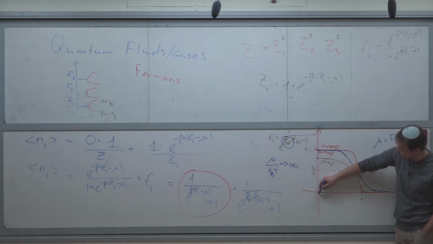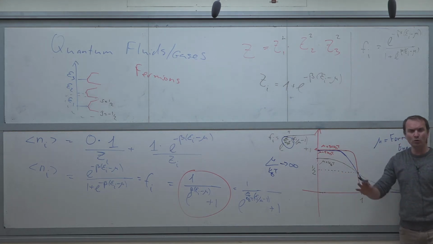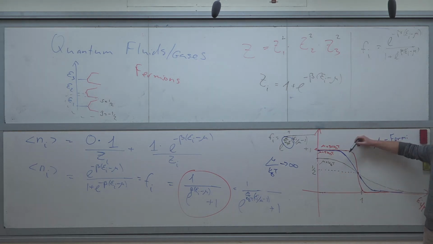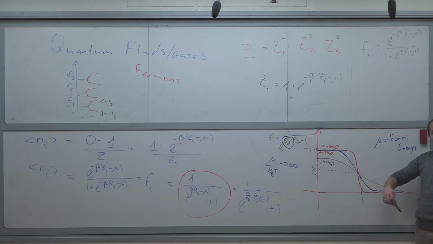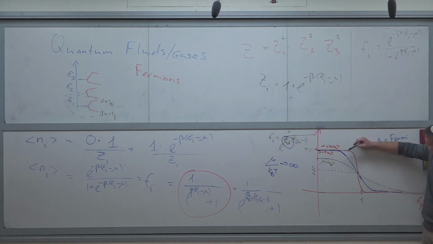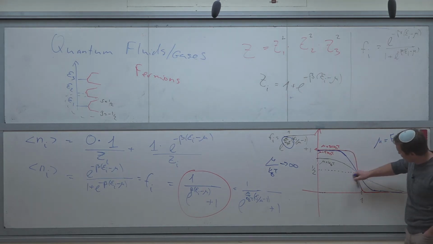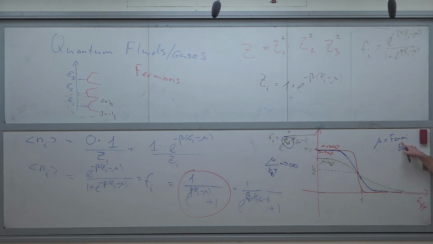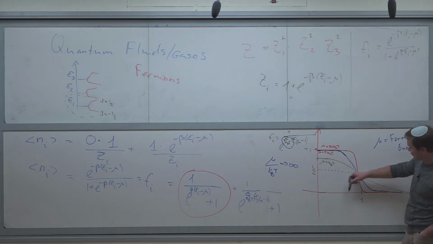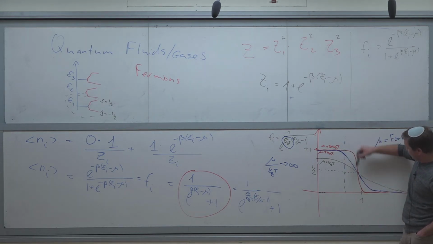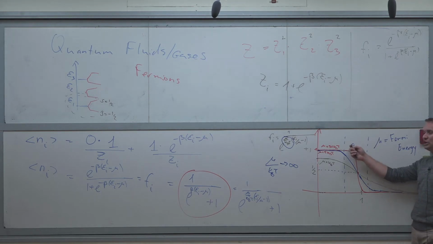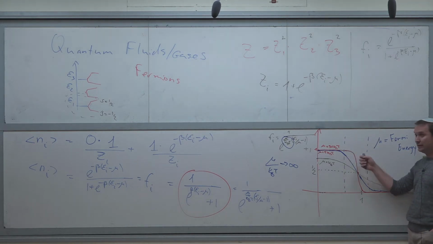So we have a range of small energies that are all occupied. Then there is a region around this Fermi energy, around where epsilon divided by mu equals 1, where the probability of being occupied is not exactly 1. So in this region over here, the occupation probability changes from 1 to 0.